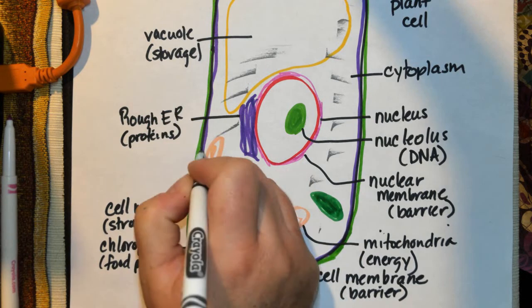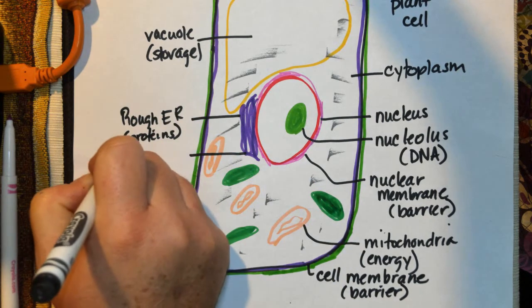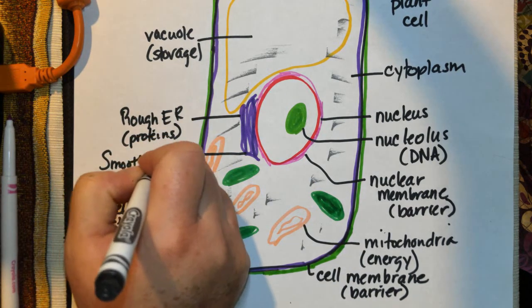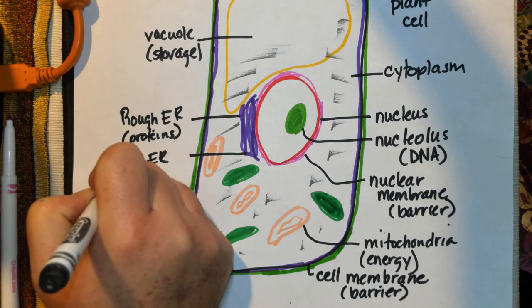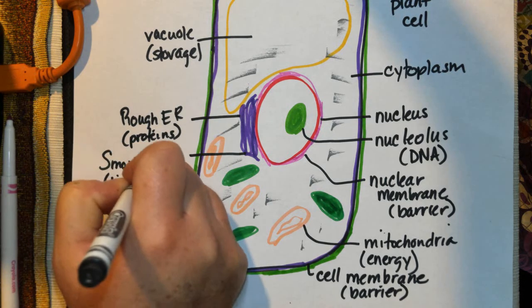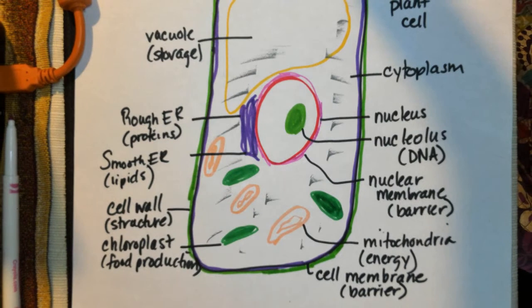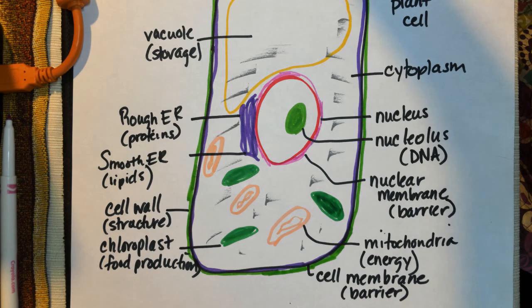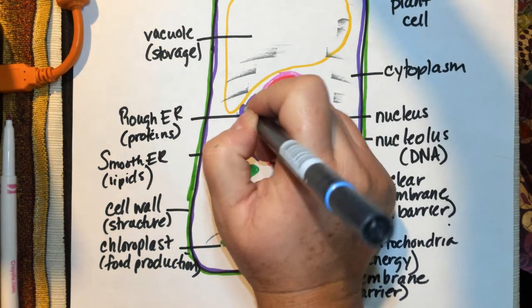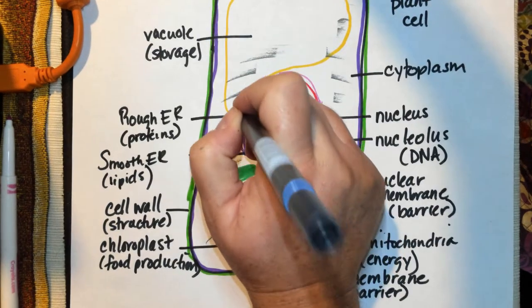Our rough ER, and then our smooth ER makes lipids or fats.